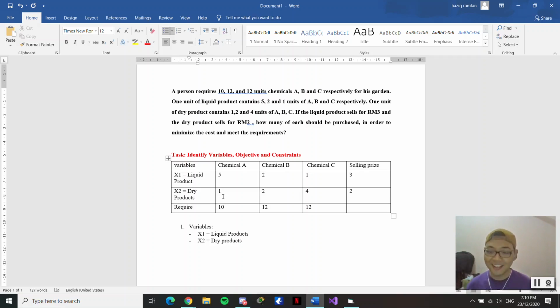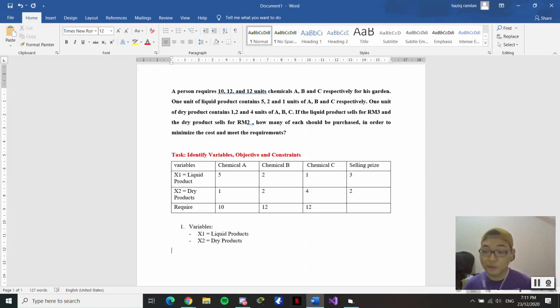See how easy it is for us to do the questions when we actually have the table. We know how it goes, we know the flows and so on. That's why I highly recommend you guys to actually do the table. For the second part, it says objective. So what is the objective?